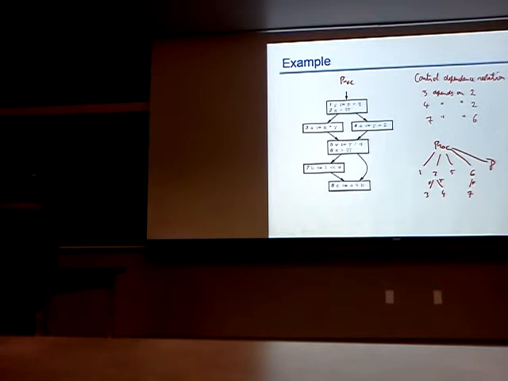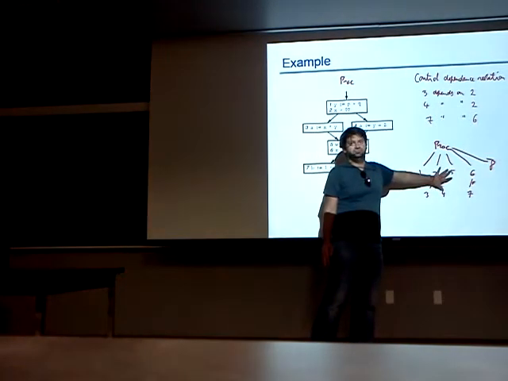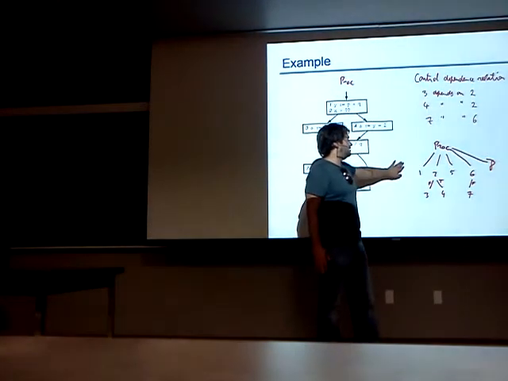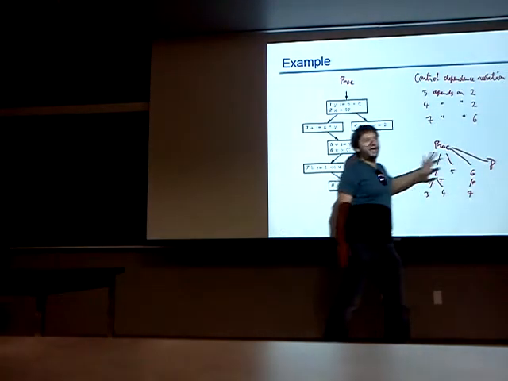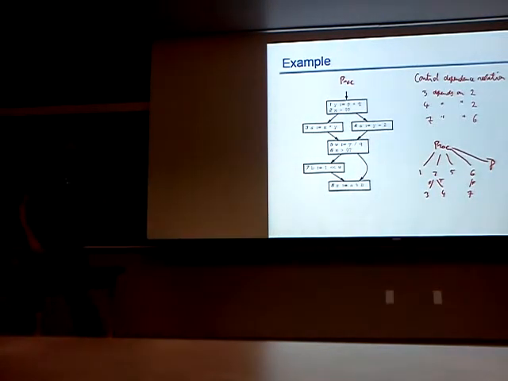So this thing here is called a control dependence graph. It's an alternate way of representing the control of your program. Now, this is fantastic.